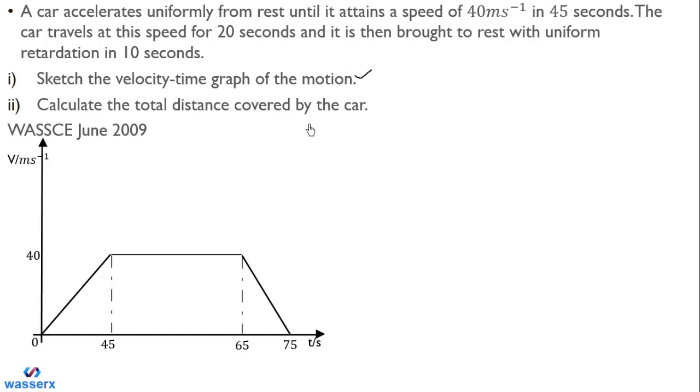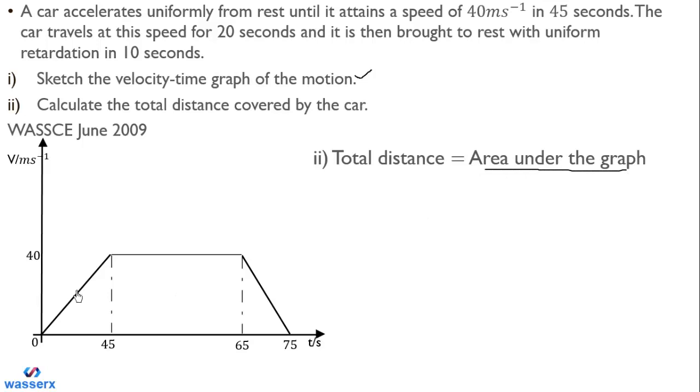Now the second one, we are asked to calculate the total distance covered by the car. So we know that will be equal to the area under the graph. We know this graph is a trapezoid. So the area under this graph is given by a formula. It will be the sum of the bases. So this is the first base, and we have the second base.